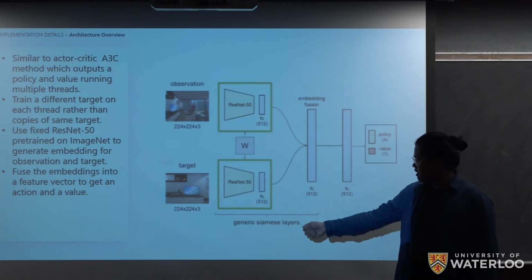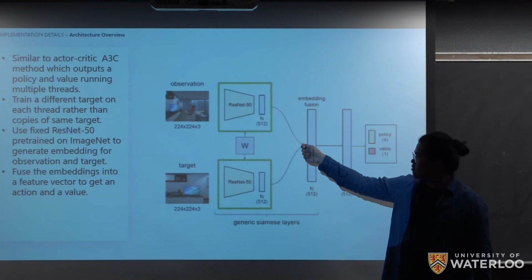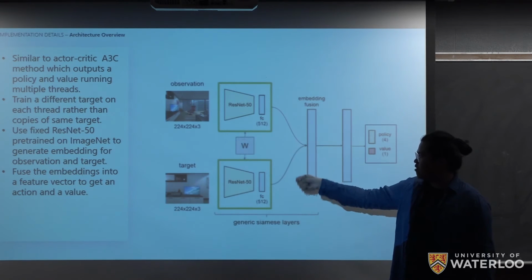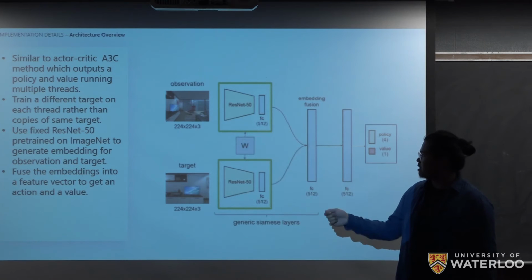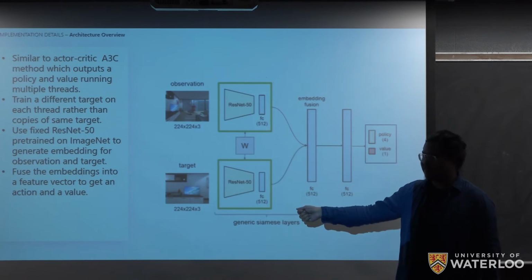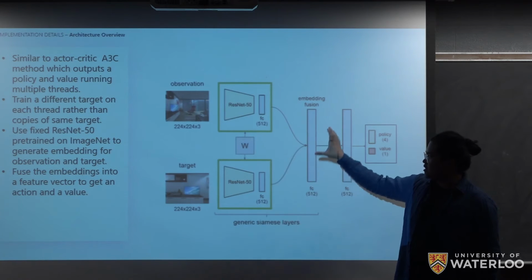This is a Siamese network. So we have our observation also going through this ResNet50. Their weights are shared between these two, and they're not trained at all during reinforcement learning. We just use these ResNet50 units to generate these feature vectors. So now we have an embedding of our images into the space.